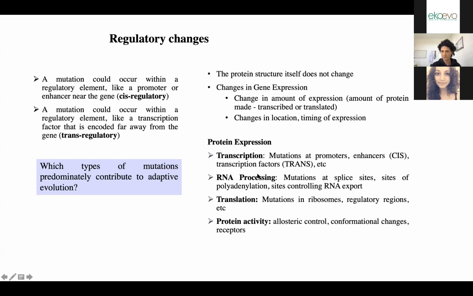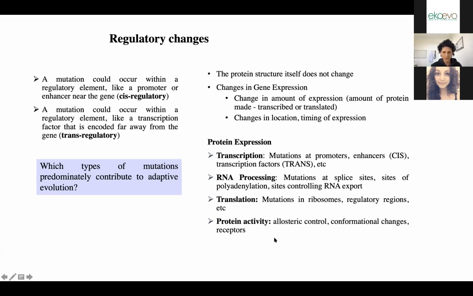It can affect the transcription stage: a mutation at the promoter, enhancer or transcription factors can happen. Does this affect transcription during RNA processing? This kind of mutation can also happen during translation, a mutation in the ribosome regulatory region, and also in protein activity.